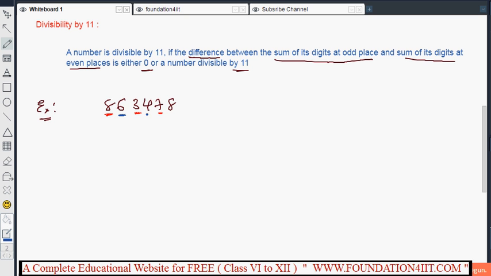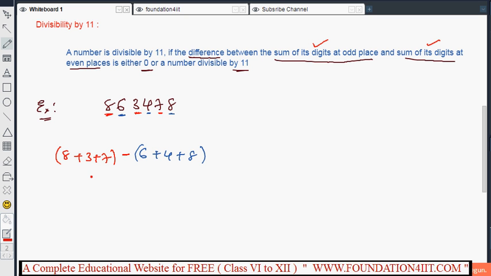And 6, 4, 8 are the even place digits. So 6 plus 4 plus 8, and odd places are 8 plus 3 plus 7. Now the difference between the sum of its odd places and the sum of its even places.